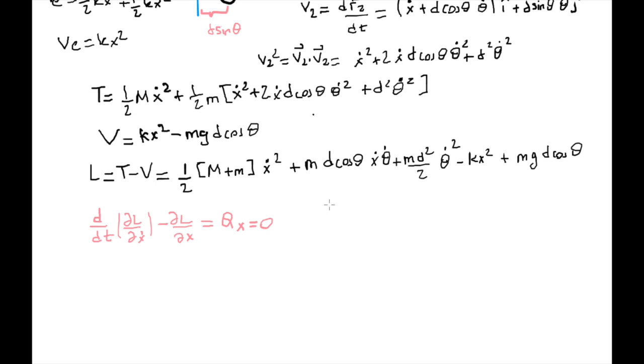And similarly, we also have d by dt of partial L partial theta dot minus partial L partial theta equals Q theta, but again Q theta is 0 because we don't have any non-conservative force in this problem. So I will need to just evaluate these partial derivatives and equate them to 0.